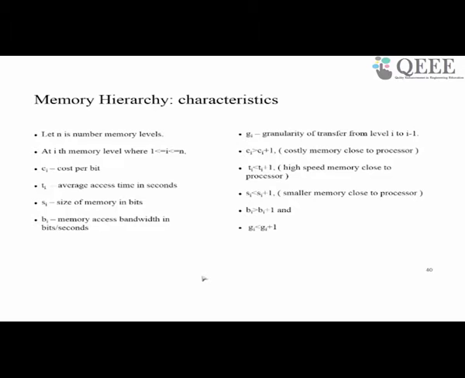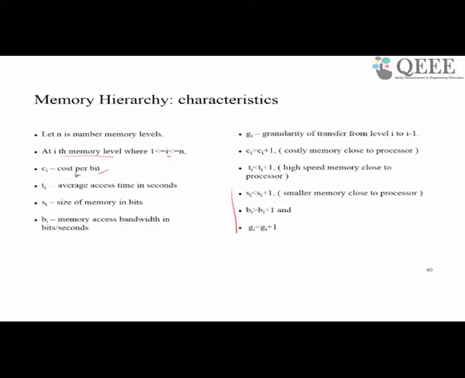So if you look at the ith level of memory, i lying between 1 and n, and attribute the different characteristics of the memory in terms of cost, size and so on, these are the characteristics exhibited by memory. Let us assume that Ci is the cost per bit of the memory at the ith level.